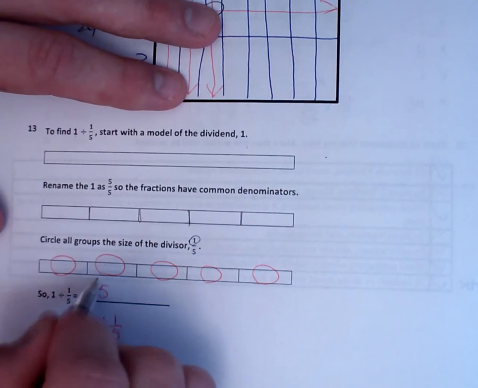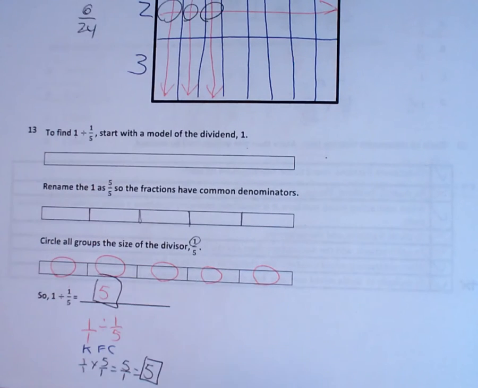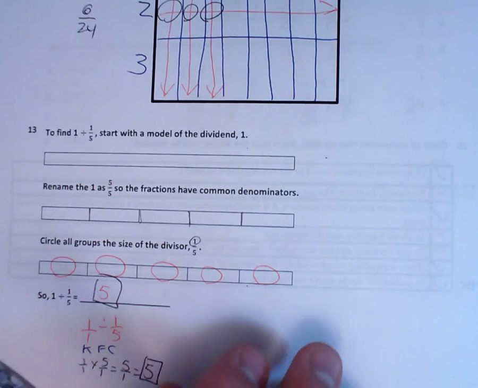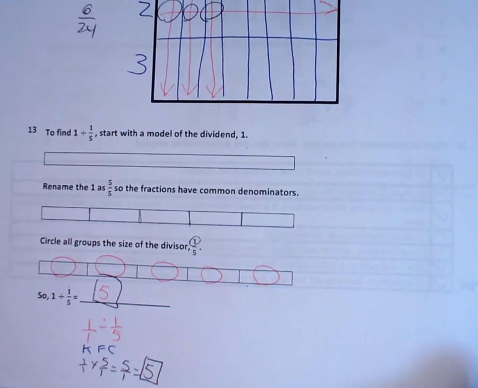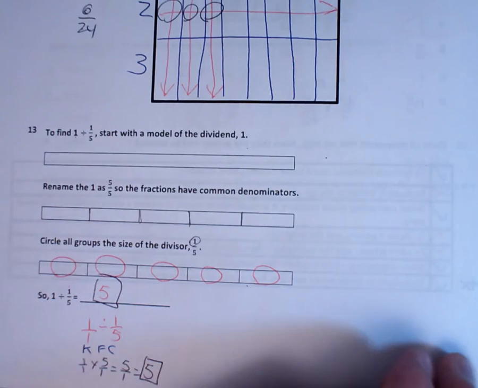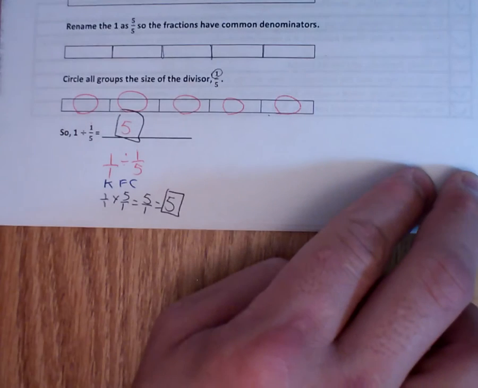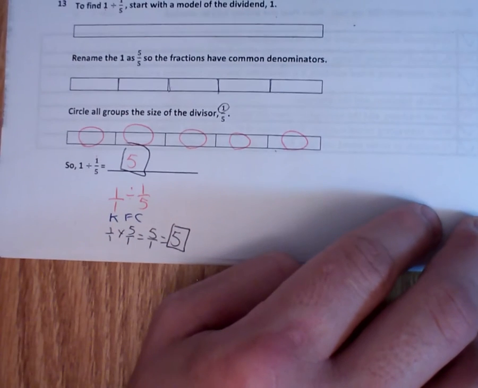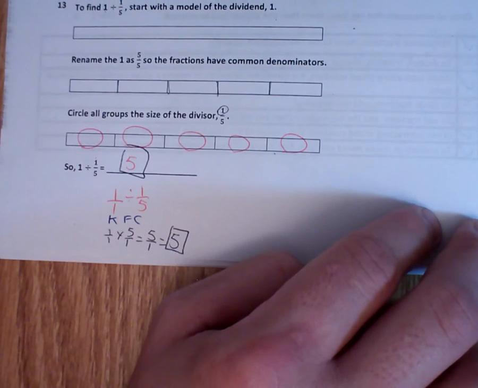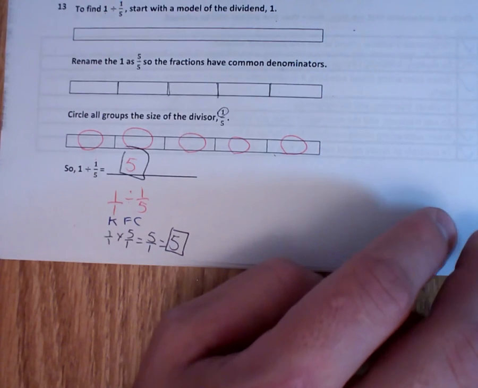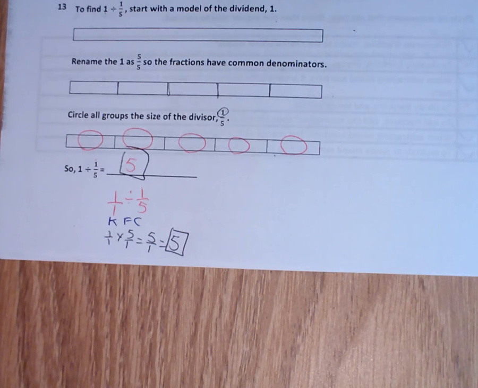So, visually, mathematically, it makes sense. Now you get to see it both ways. All we did was split the 1 whole bar into fifths because you're seeing how many 1/5 exist within a whole. Well, if it's 1/5, there's going to be 5/5.